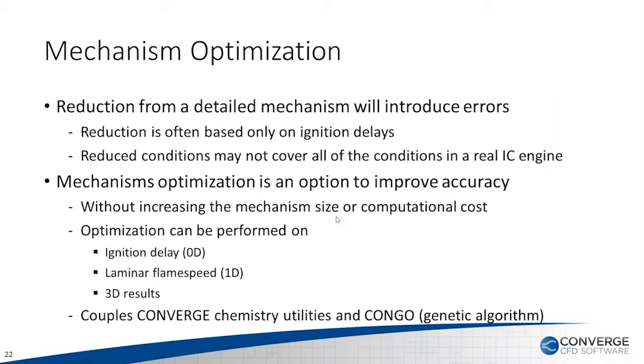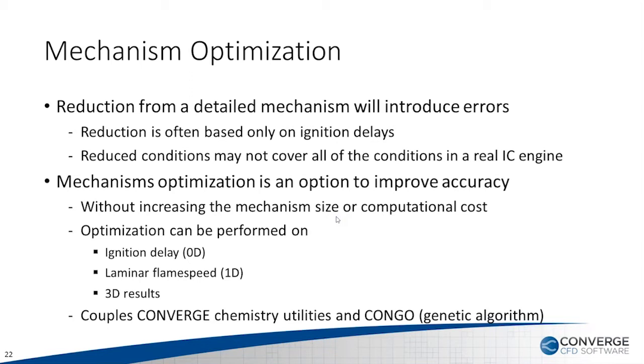The next topic I'm trying to cover here is optimization. Why do we need optimization on the mechanisms? I think the first, more intuitive answer is that when we reduce the mechanism, it's not free, right? You do introduce errors from the reduction.